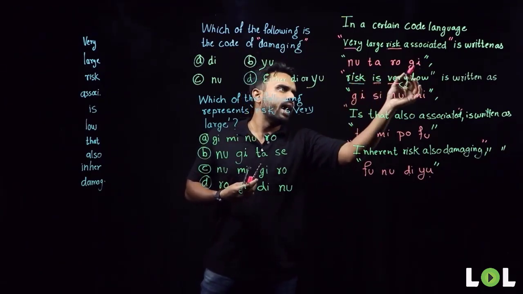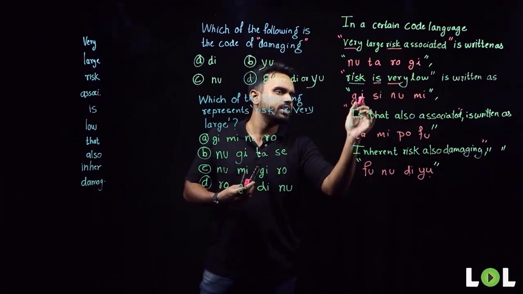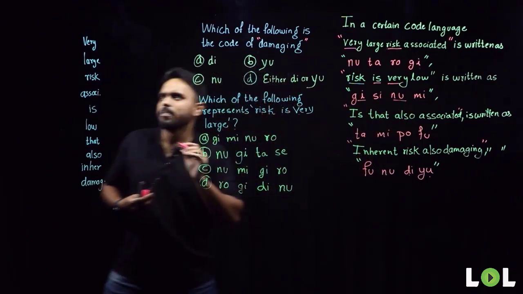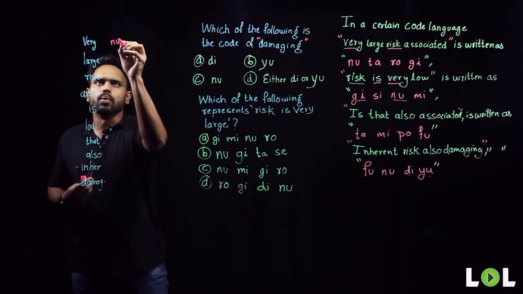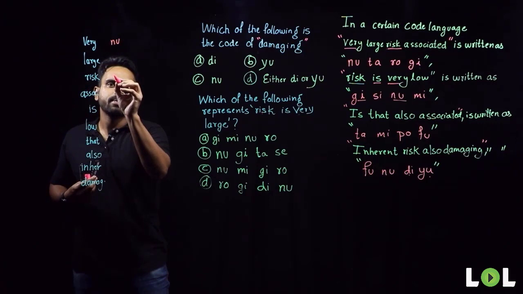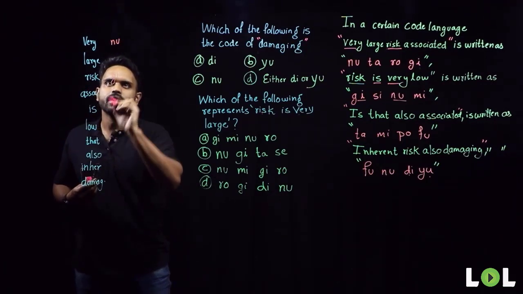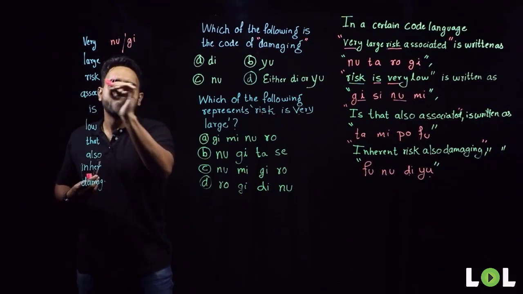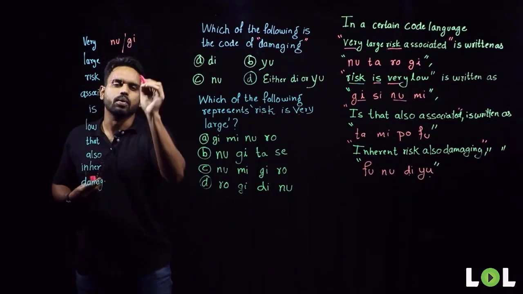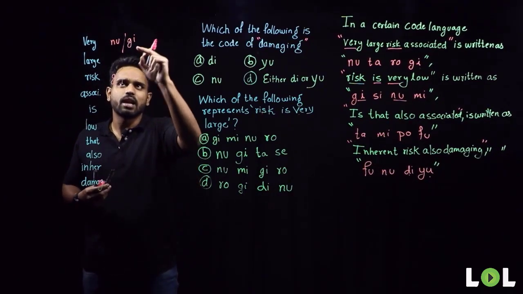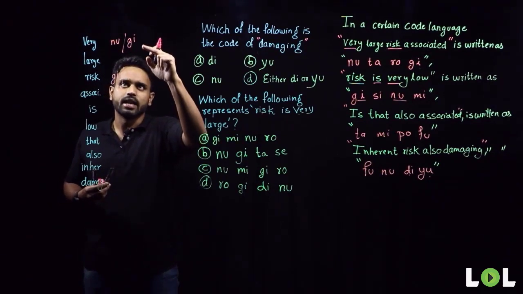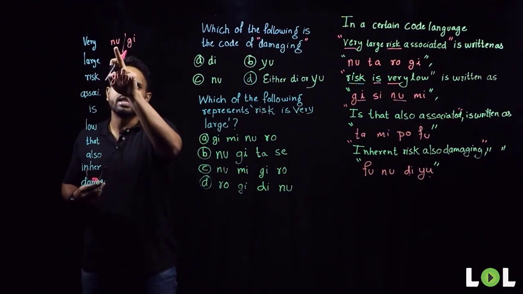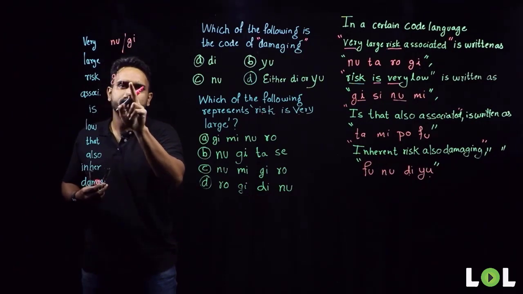So nu and g are common. So if my very is nu, then my risk must be g. And if my very is g, then my risk must be nu. We are not certain about what exactly it is, but it is either one of them.